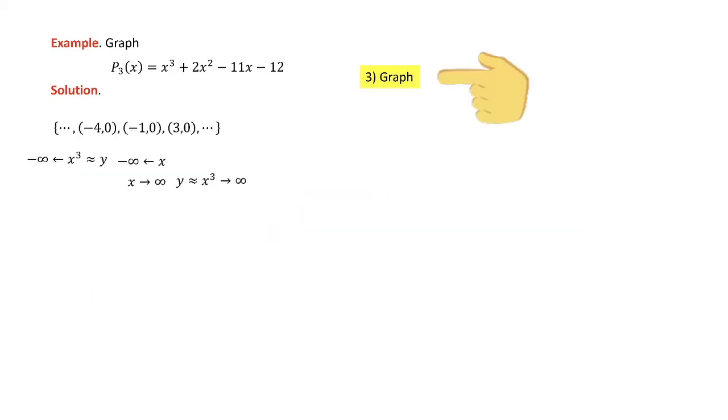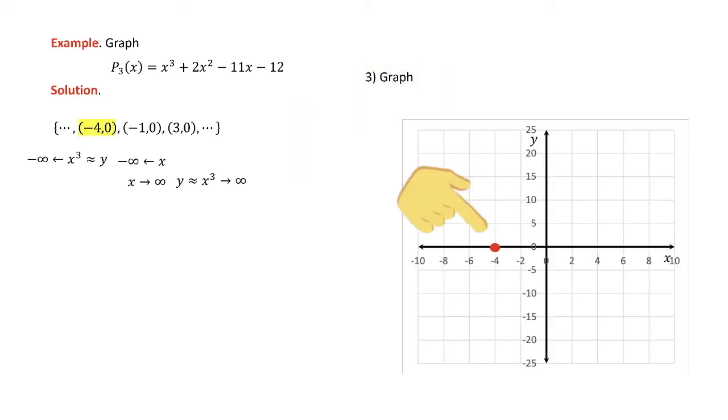So here's my information on the left, what I have for my asymptotes. I have the zeros, and I have the information for the asymptotes. So let's graph. I'm going to plot my zeros, and I'm going to plot my asymptotes. As x gets big, so x gets positive, y gets huge.